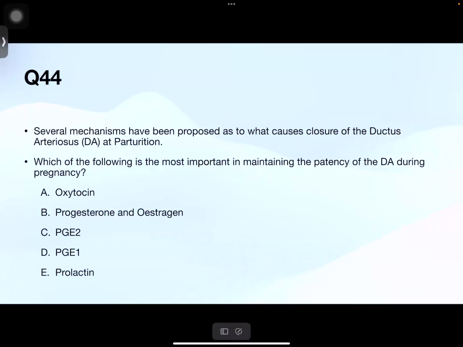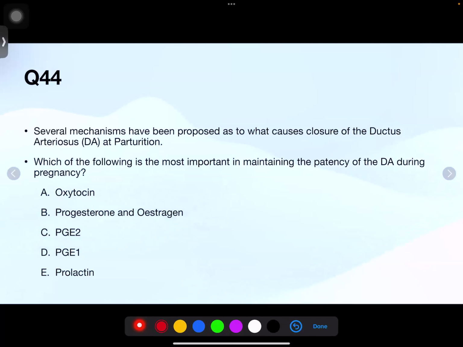Now, several mechanisms have been proposed as to what causes closure of ductus arteriosus at parturition. So, which of the following is the most important in maintaining the patency of ductus arteriosus during pregnancy?